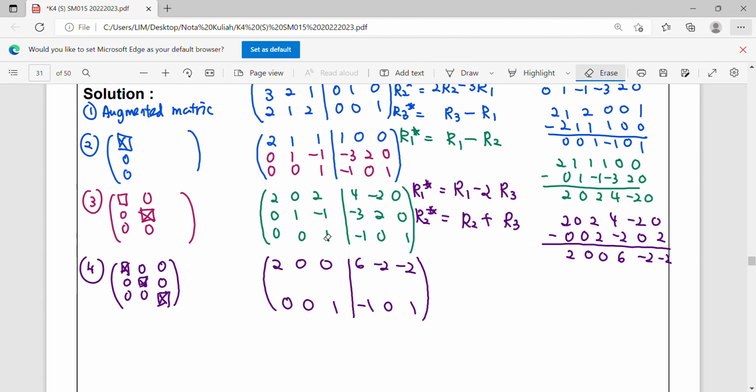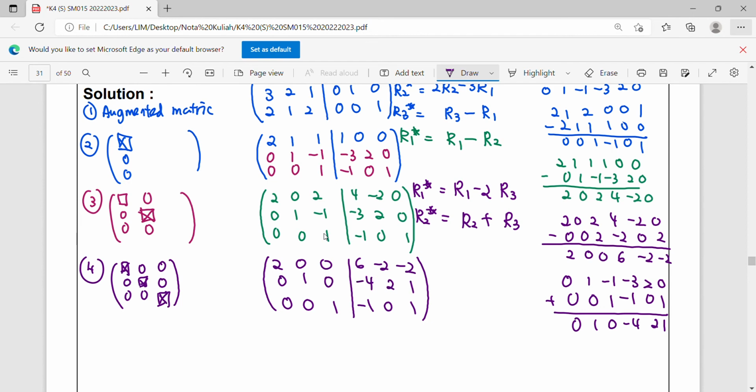So for the entire row, row 2 and row 3, add together: 0, 1, 0, -4, 2, 1. Correct? So mission all achieved, where the places of 0 all become 0 and do not return back to numbers.